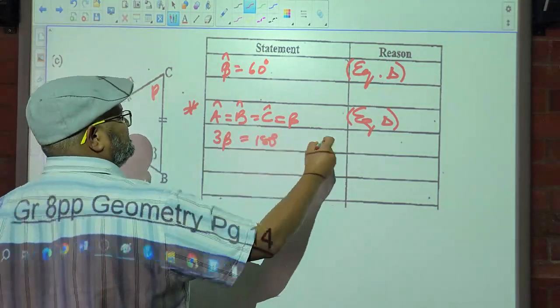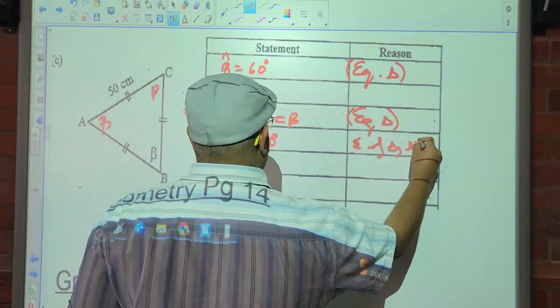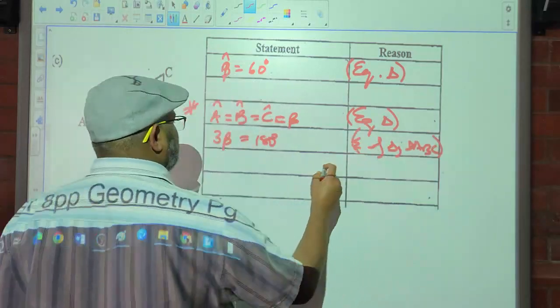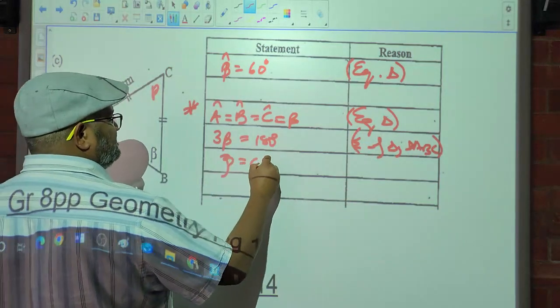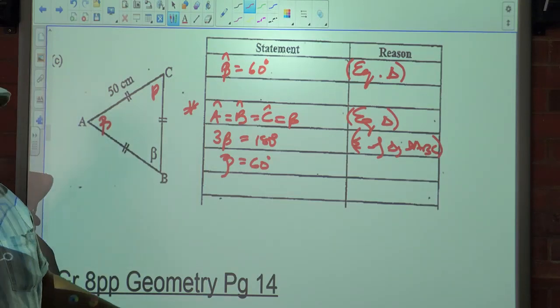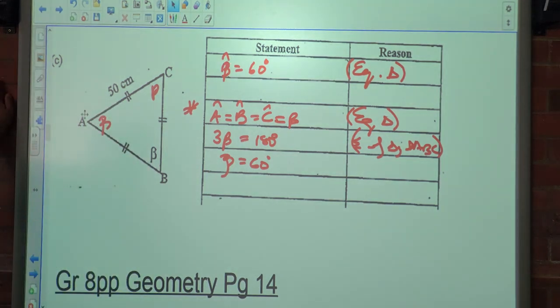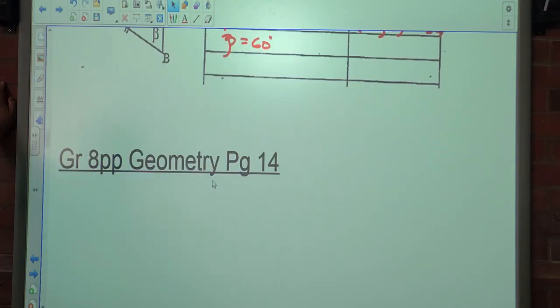Why? Sum of triangles. That is triangle ABC. So beta is going to give you an angle of 60. But I would have accepted beta to be 60 if you're stating it's an equilateral triangle. So we know for equilateral triangles, all angles and all sides are equal. Any confusion here? No?